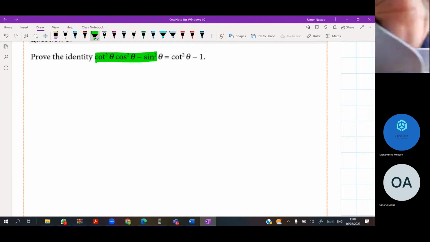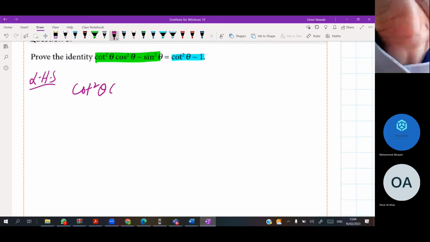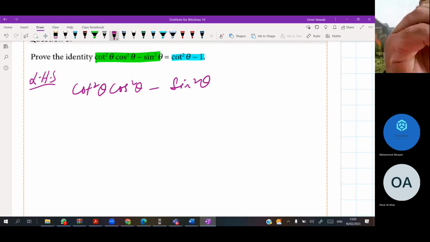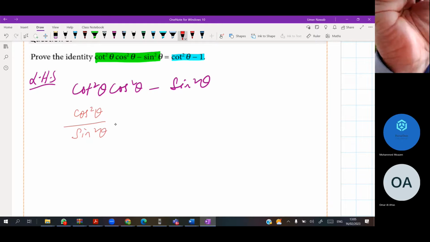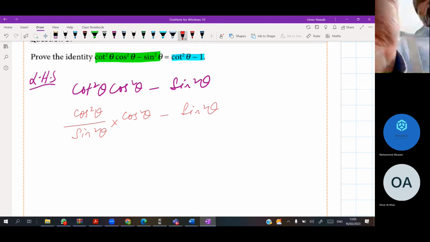I need to prove the left-hand side equals the right-hand side. I have left-hand side cot squared theta times cosine squared theta minus sine squared theta. Cot squared can be written as cosine squared theta over sine squared theta, and this is cosine squared theta minus sine squared theta.